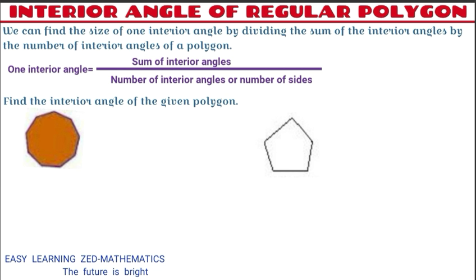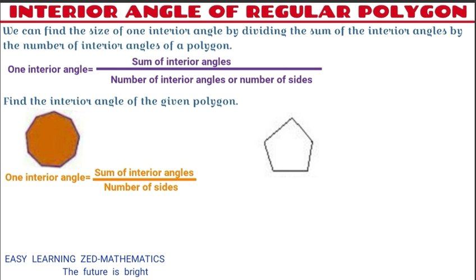Here we're going to use the number of sides, and this shape has 9 sides, so we divide by the number of sides. You don't have to worry whether you use sides or angles, they will definitely give you the same answer.